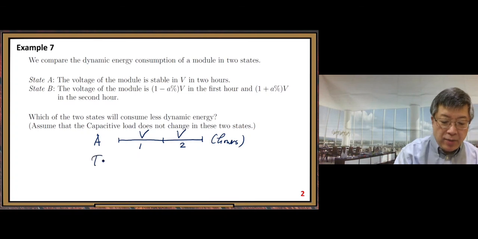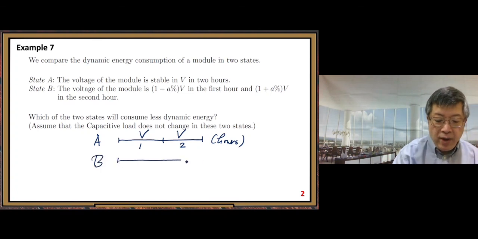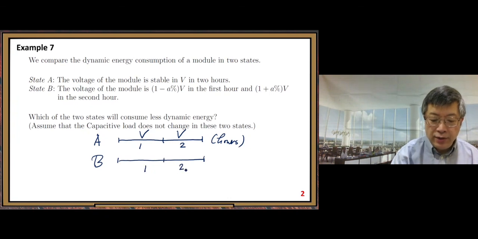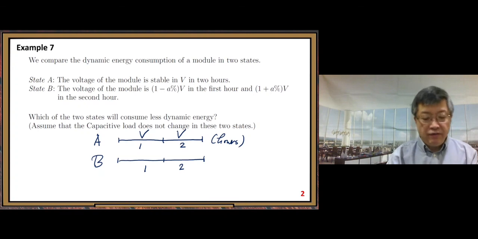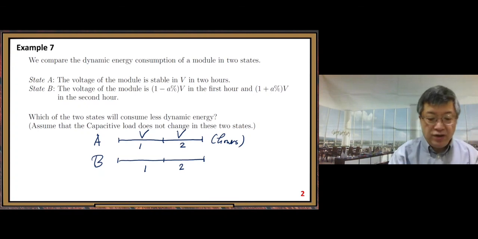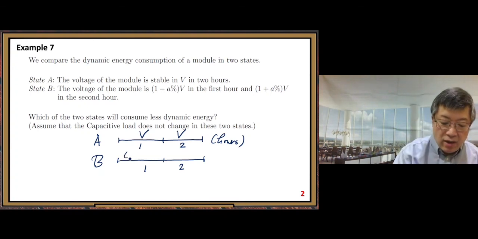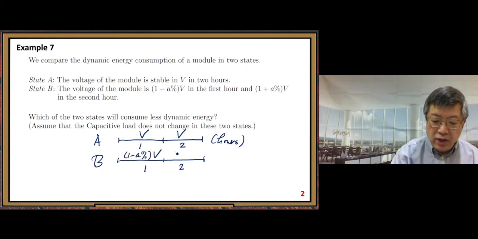So now state B, the same period of time, hour 1, hour 2, but the voltage is different. First hour, minus 8% V. Second hour, plus 8% V.